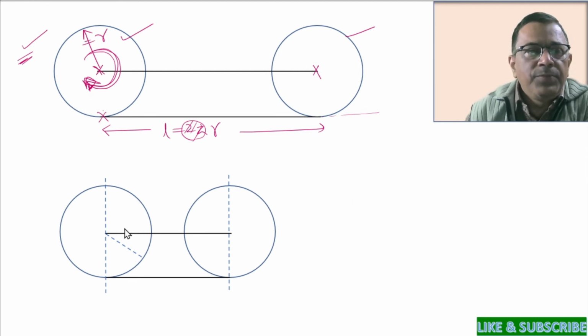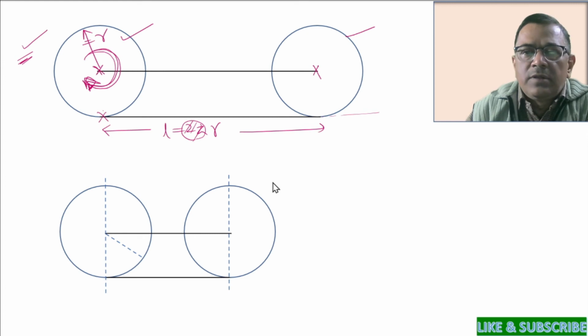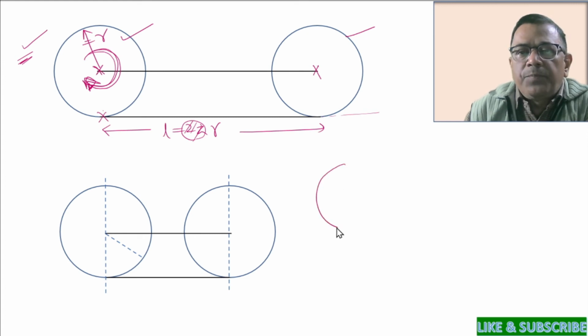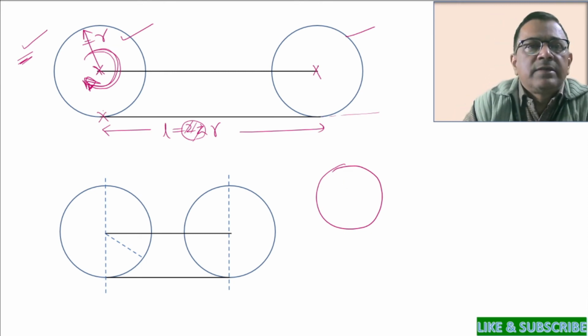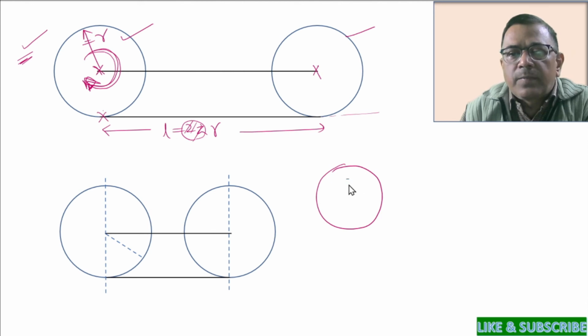Now think of the situation given in the problem. Here is the cylinder, the roller, and this happens to be its axis, its axle.